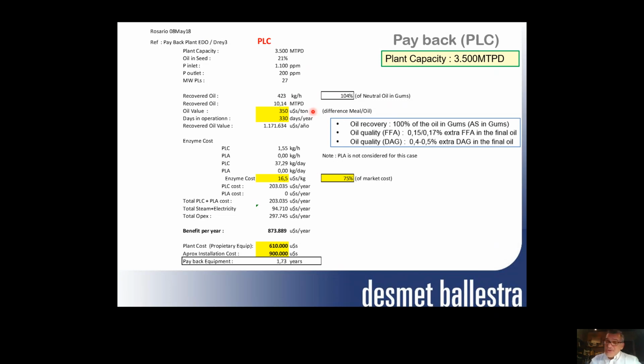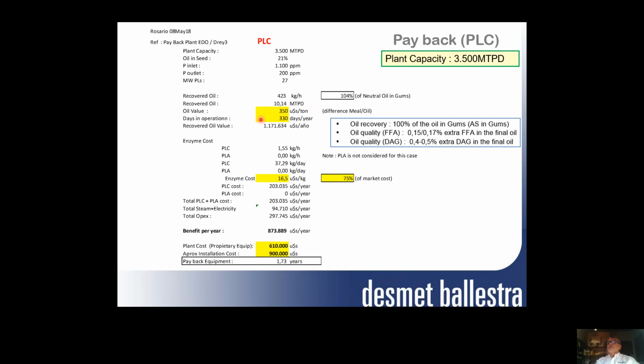Well, it's true, but it's a very conservative way of looking at this, because in many cases we are not able to add anything to the meal. So indeed this difference is almost the full price of oil, which means about 650 US dollars per ton. So naturally the payback would be much better.